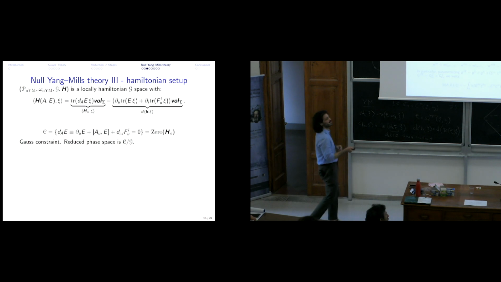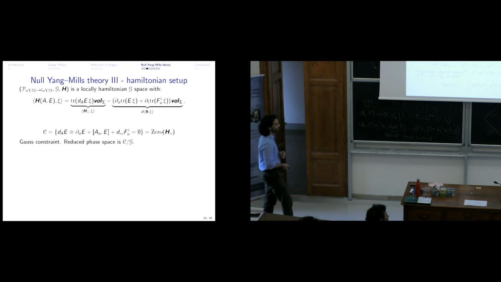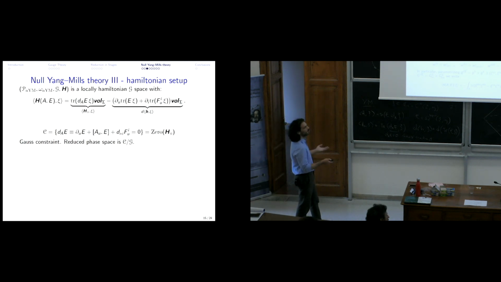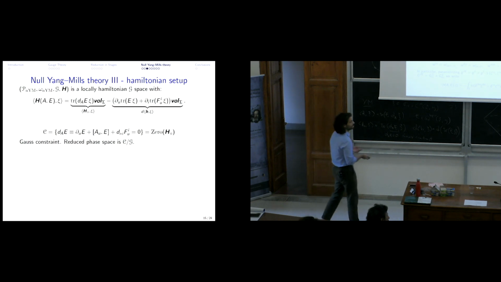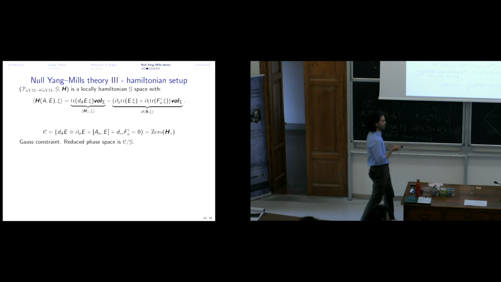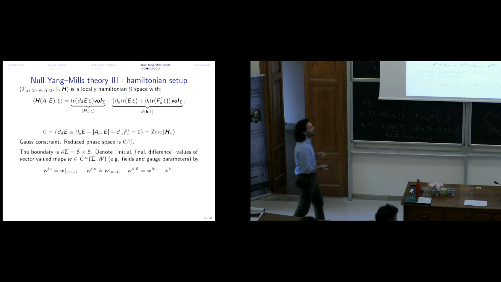So the constraint set is just the zero of the bulk part of the Noether current. And the fully reduced phase space, as we know, is just C modulo all gauge transformations. Okay? As a setup, I need one last piece of terminology.